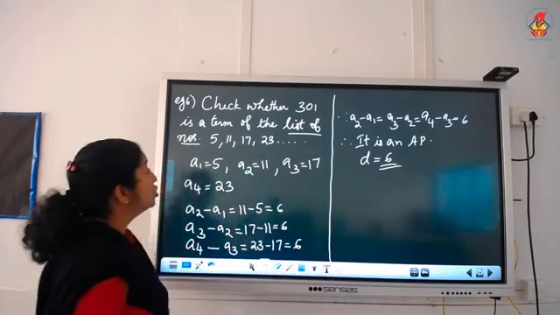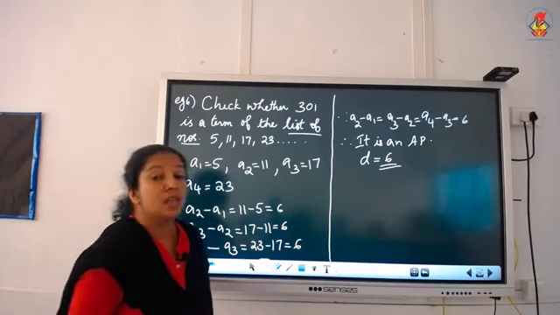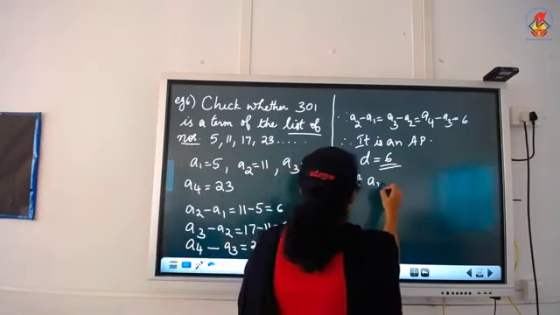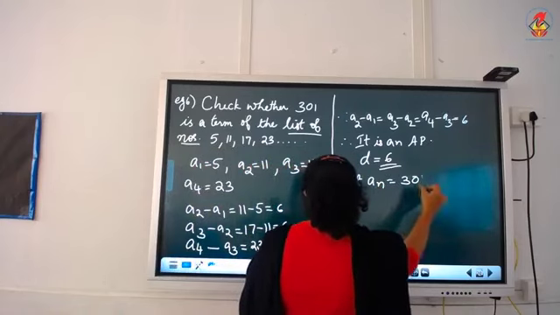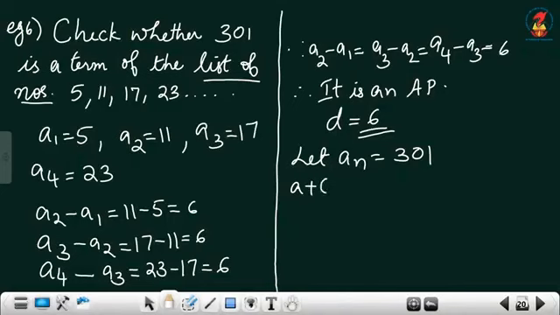Then you have to check whether 301 is a term of this AP. For that, we suppose let AN be equal to 301. So we can write A plus N minus 1 into D is equal to 301.